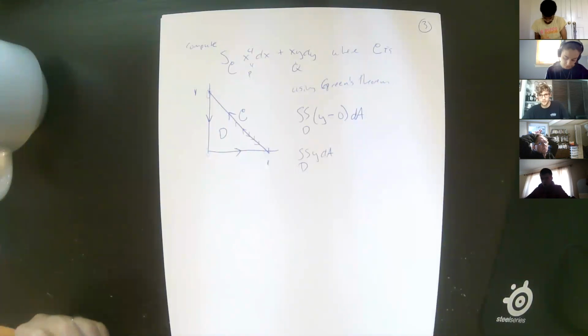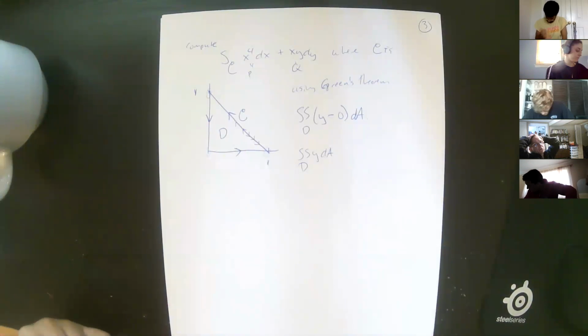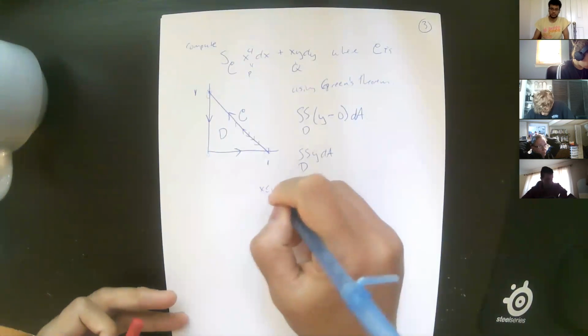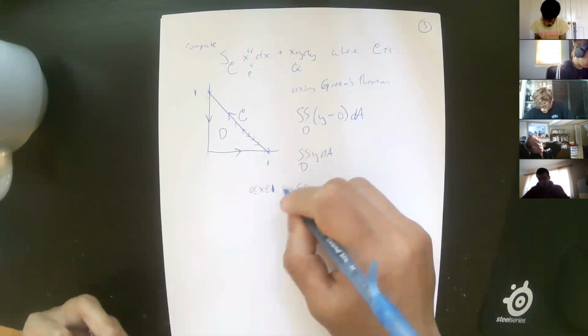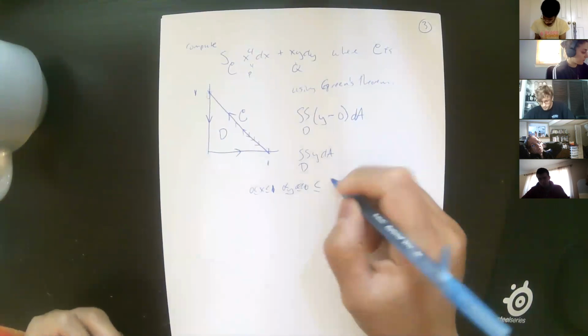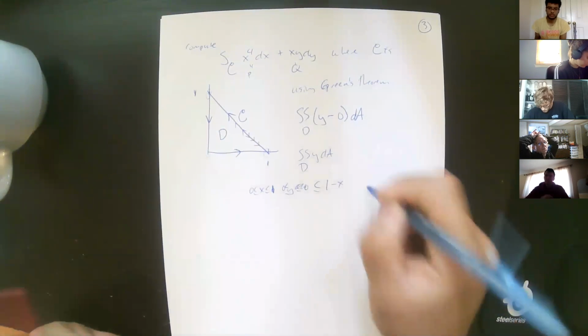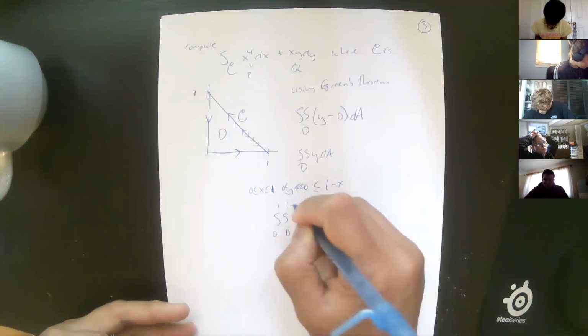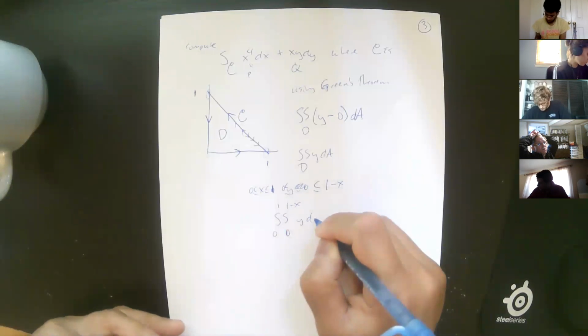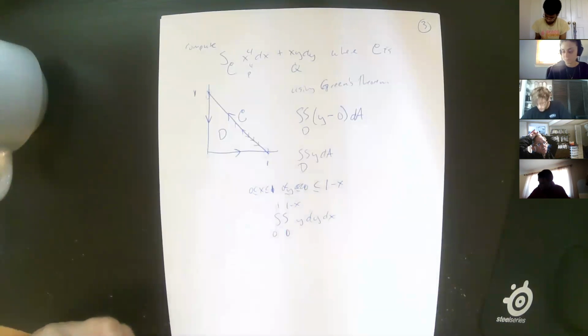We just go back to chapter 15 on normal double integrals. x goes from 0 to 1, y goes from 0 to 1 minus x. So our integral looks like the integral from 0 to 1, 0 to 1 minus x, of y dy dx. And this is a very easy integral for us to compute, right?